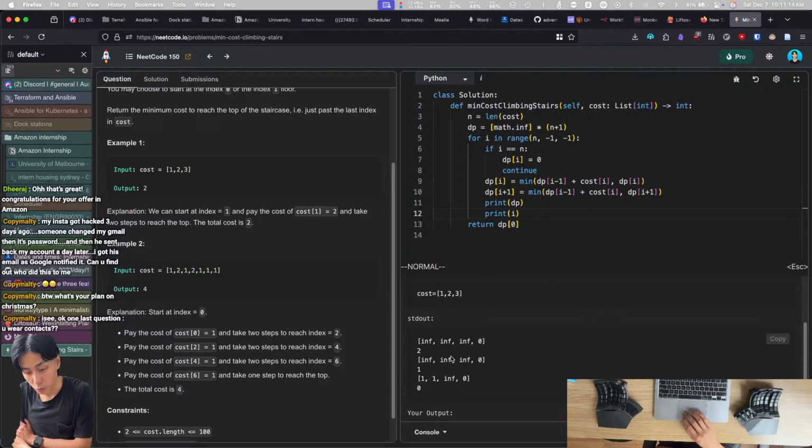When you do 2, I would expect this to be infinite, or dp[i minus 1], or i plus 1.